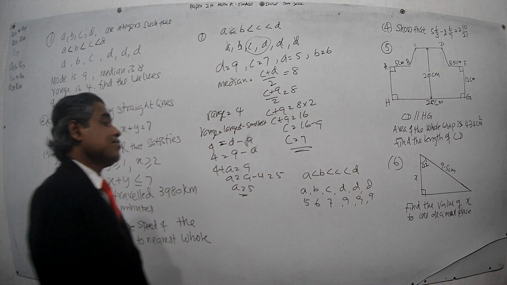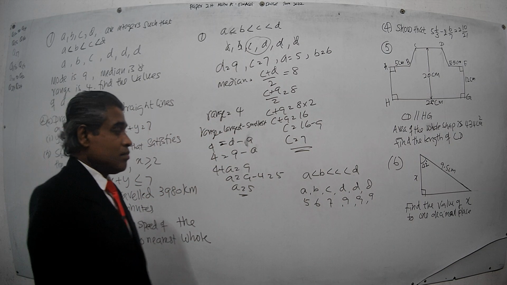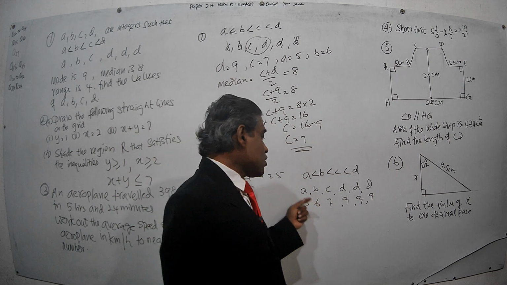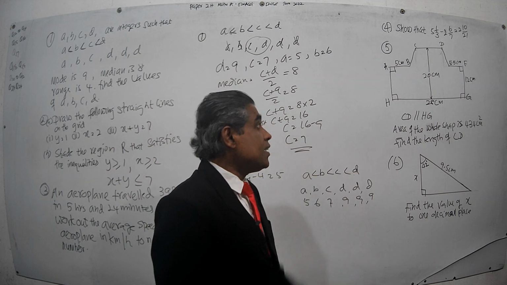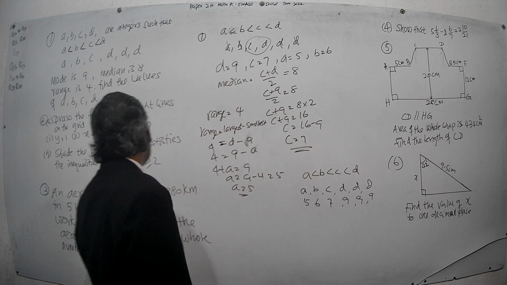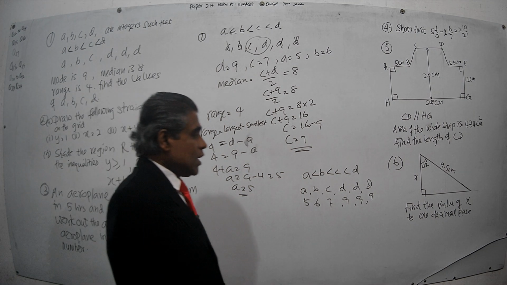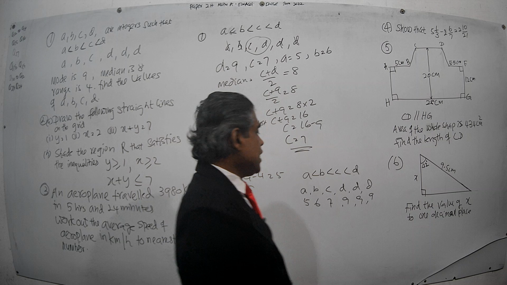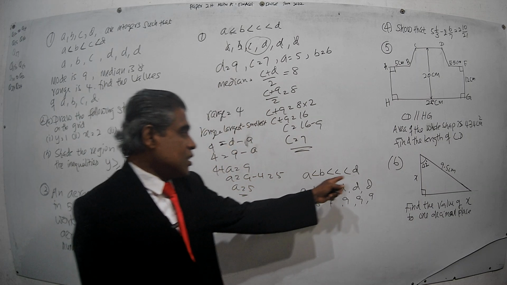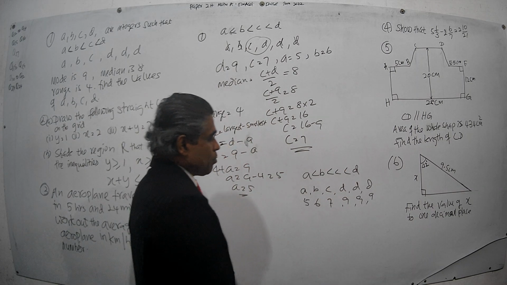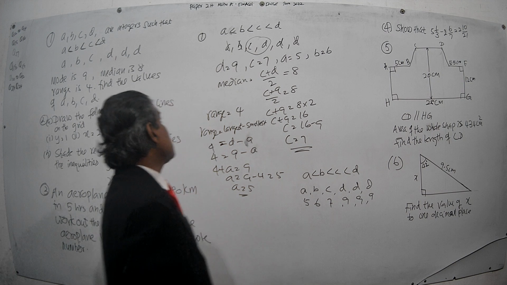Right. Because now we found the values of A, C and D by the given information here, mode, median, range. Then we know the values of the 3 integers, A, C, D. Then we use them to find B, because they say B is also an integer.